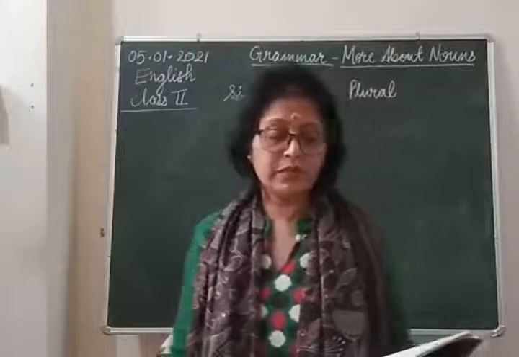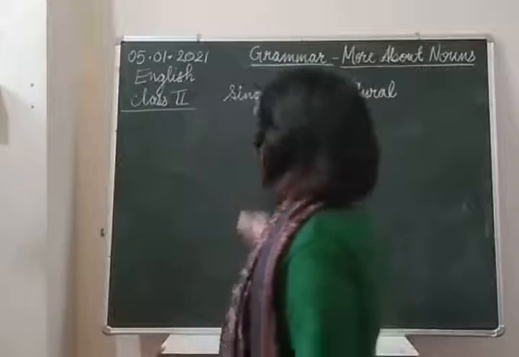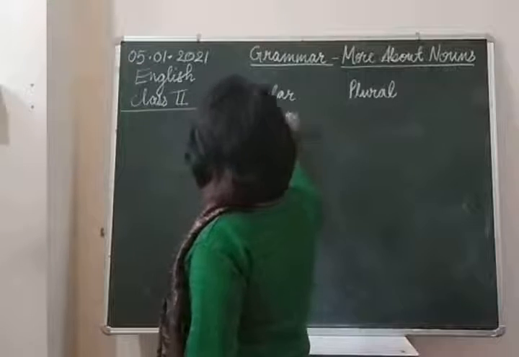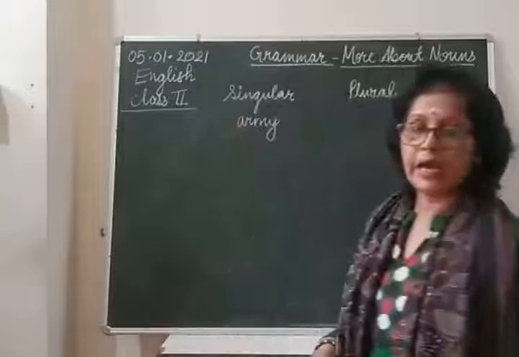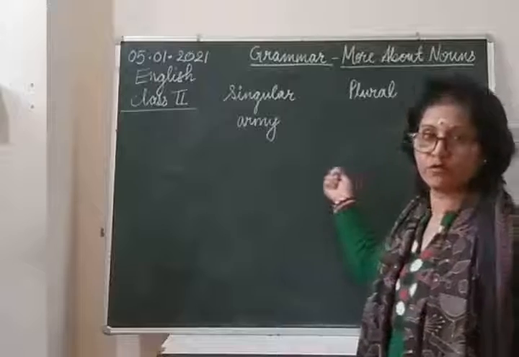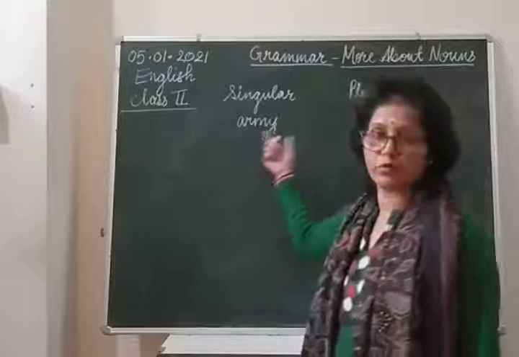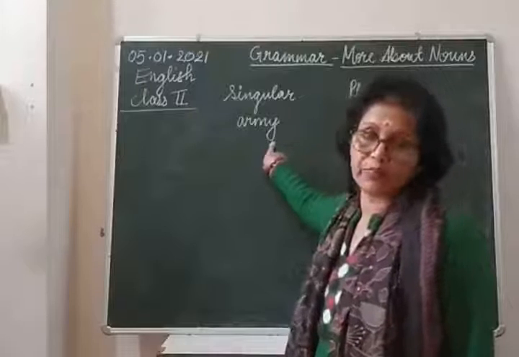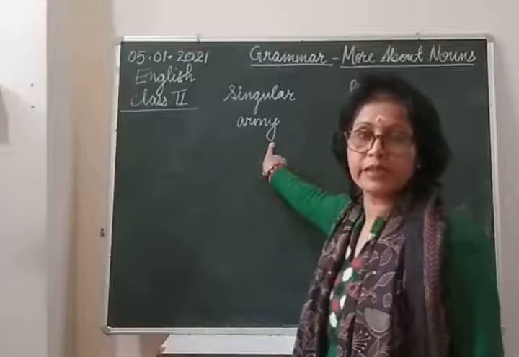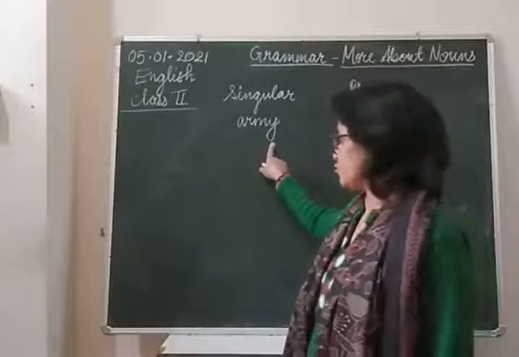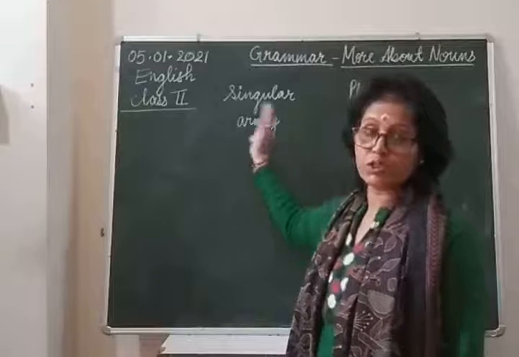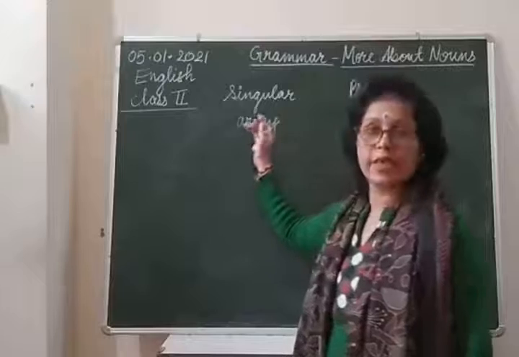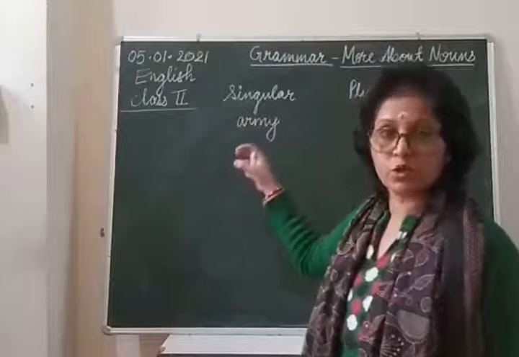Then another word is army, A-R-M-Y. And its plural, we have to check the spelling here first before writing its plural. The spelling of army ends with Y. So we have to check the letter just before Y. The letter just before Y is M, which is a consonant.